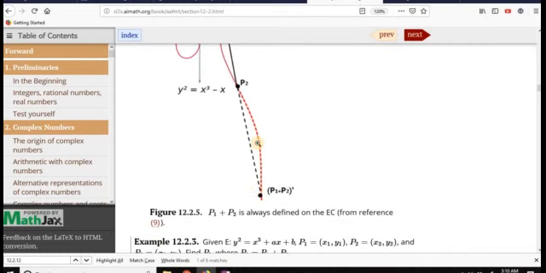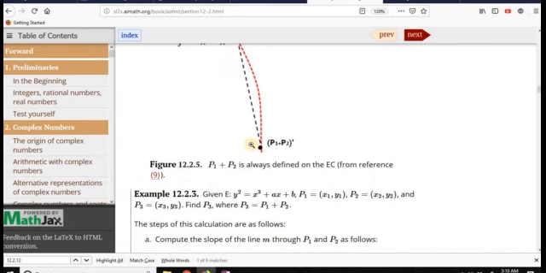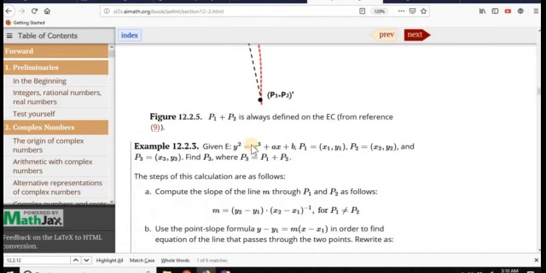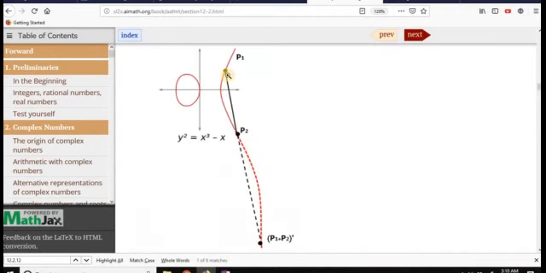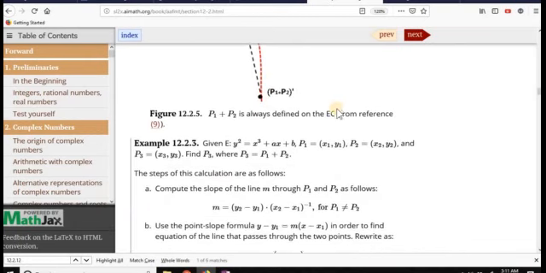We don't prove that, but that just turns out to be true. And so you can imagine that computing this third point basically involves some kind of calculus. You need to figure out this line, you need to figure out the point of intersection, and then you need to reflect it. So that's what these steps are going through.